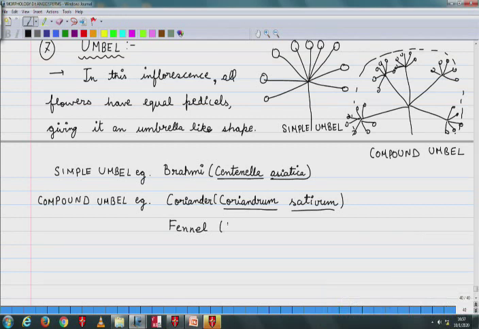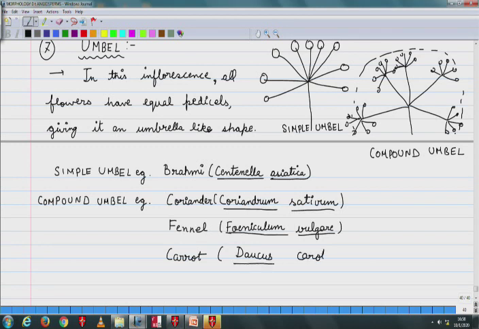Foeniculum vulgare. Carrot, Daucus carota. All these are good examples of compound umbel.